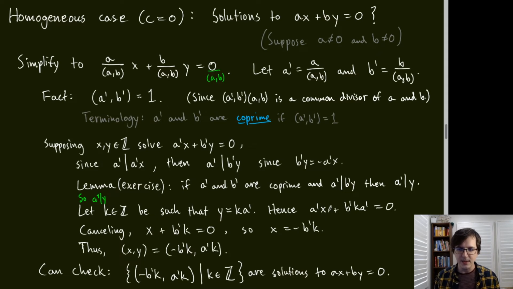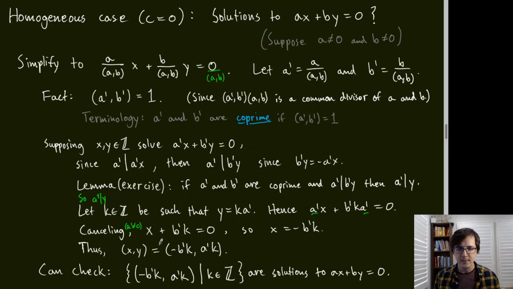So we have a prime x plus b prime k a prime is 0. Notice that there's an a prime in each of the monomials, so we can cancel it out because a prime is non-zero, which I'll write as an assumption right here. Then we have x plus b prime k is 0, and solving for x gives negative b prime k.